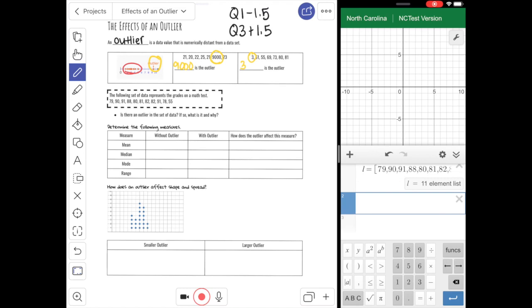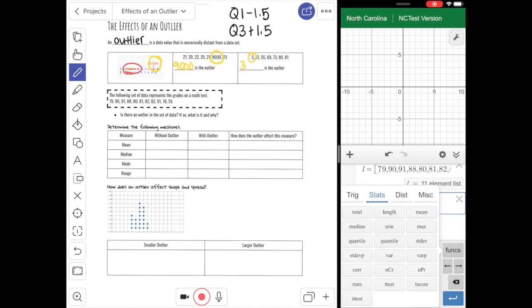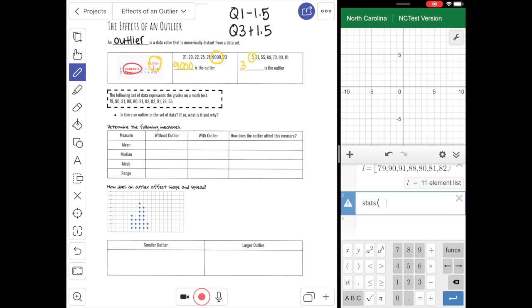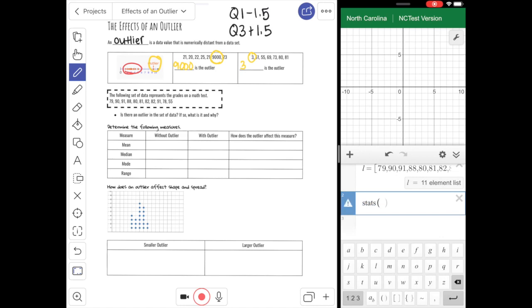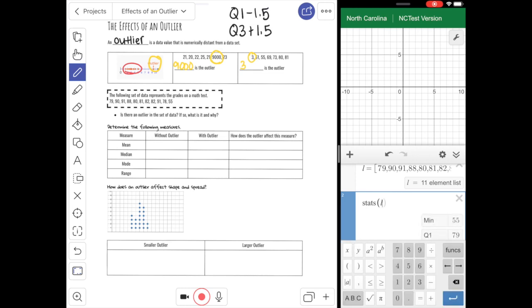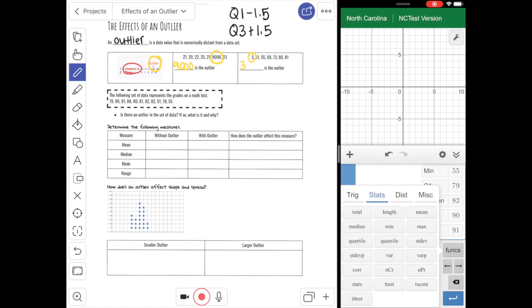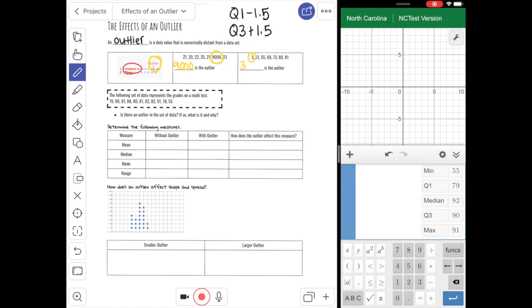To find my 5-number summary, I'm going to go to Function, then Stats, and under Stats there's a Stats option, and we tell it to find the stats for list L. That gives me the 5-number summary: the minimum, Q1, the median, Q3, and the maximum.